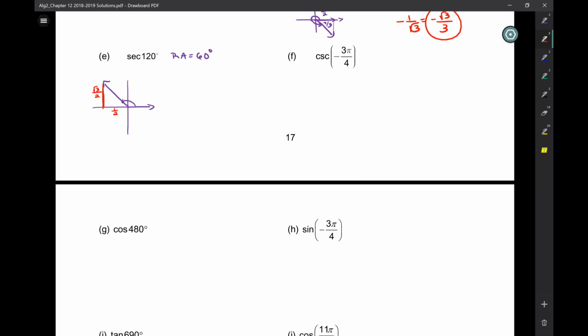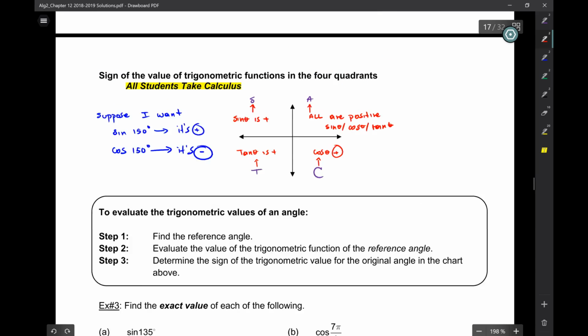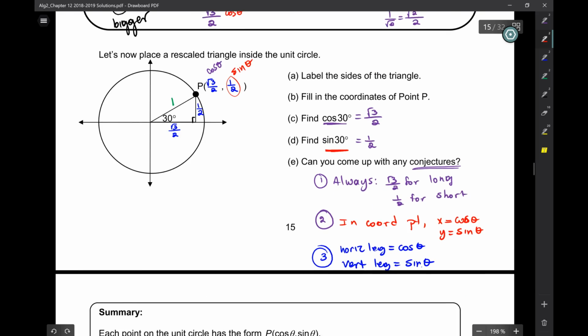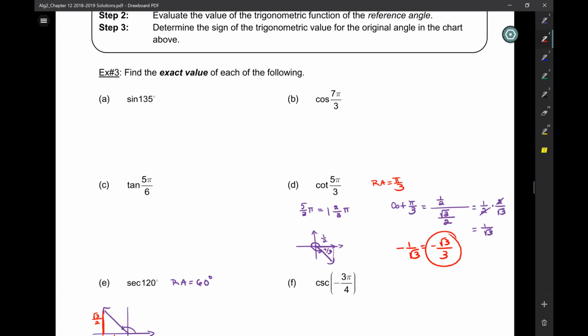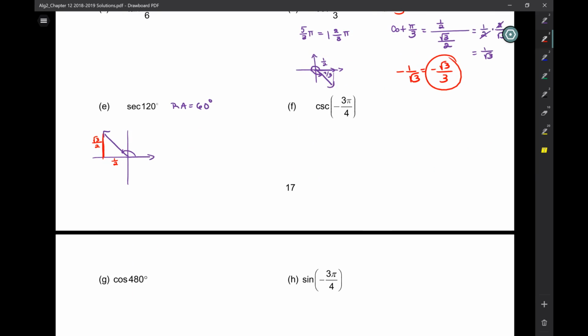Now, what is secant? It's the reciprocal of the cosine, right? Here, where is the cosine? Vertical or horizontal? Horizontal. Remember what we said yesterday, that y is always sine. So vertical is always sine, and this is the cosine.